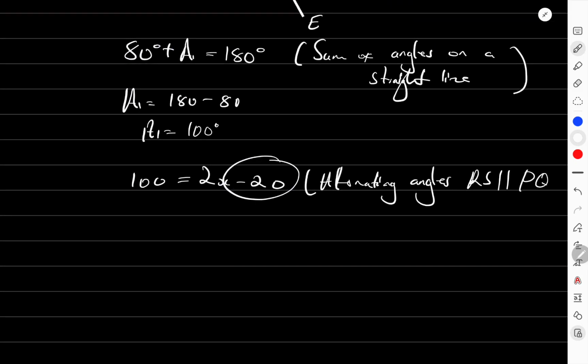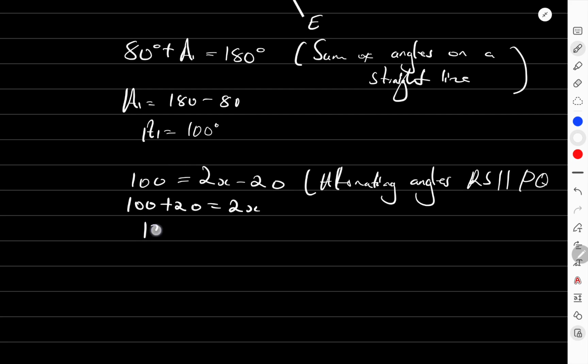The 20 is negative on the right hand side, but if I group it with the 100, it's going to be positive on the left hand side. Therefore I'm going to have 100 plus 20 equals 2x.